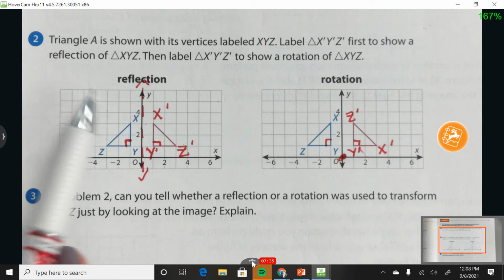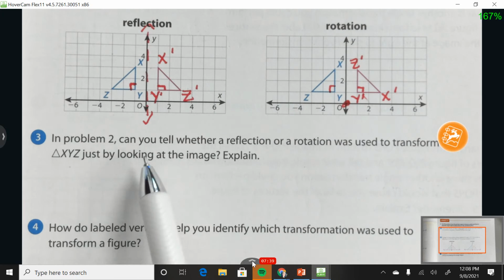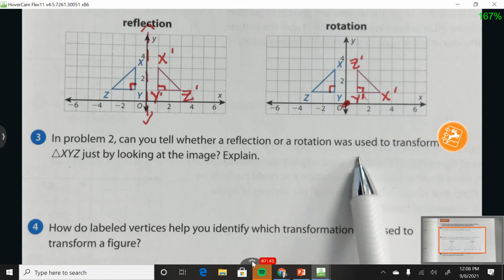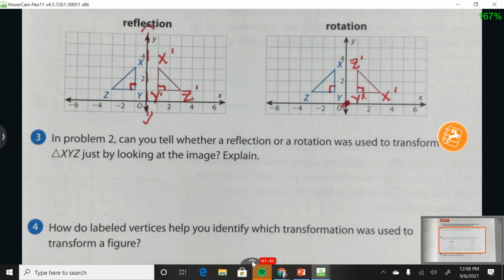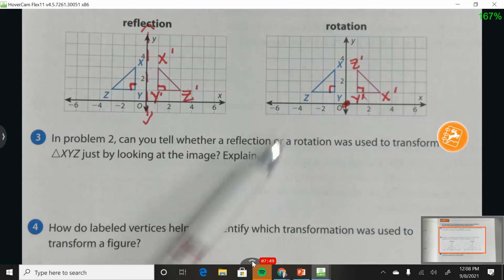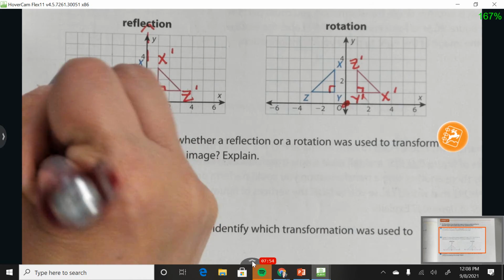So now in problem 2, we're looking at number 3 now. It says in problem 2, you can tell whether a reflection or a rotation was used to transform XYZ by looking at the image. Explain. So can you tell whether it was a reflection or a rotation now? Yes, then why can you?